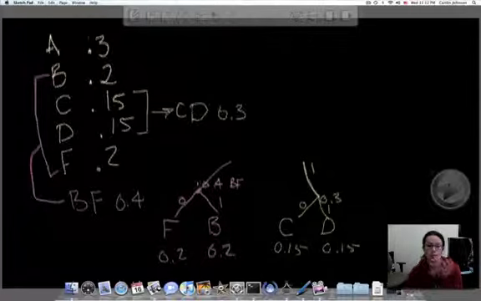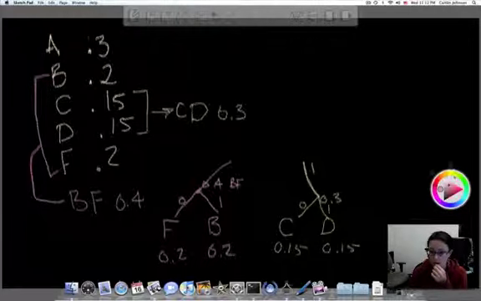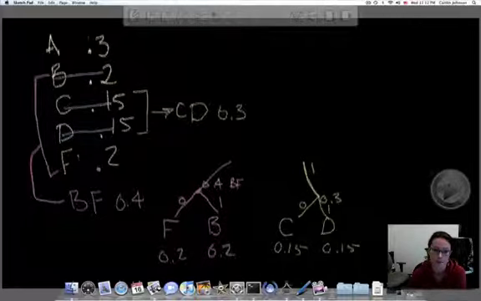So now, what are the two nodes with the smallest probability? Well, we have CD, right? Because we don't have B anymore, we don't have C anymore, we don't have D, we don't have F, remember?